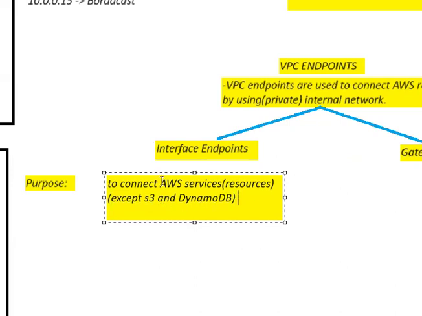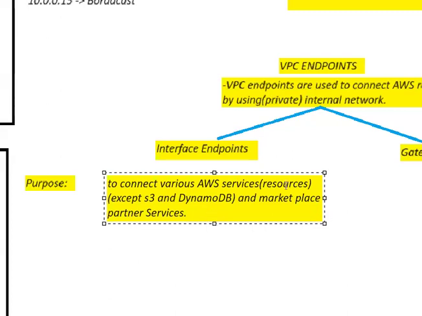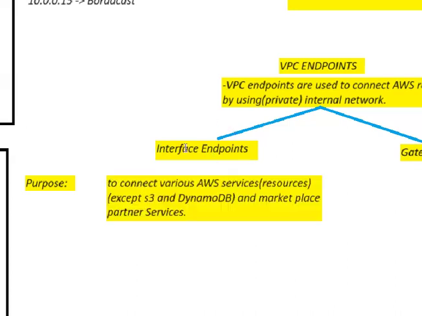You can connect various AWS services, and you can also connect to marketplace services. For marketplace partner services also, we can use these interface endpoints for connecting. So the purpose of using interface endpoints is to connect to various AWS services except S3 and DynamoDB, and marketplace partner services as well. For this, we use interface endpoints.